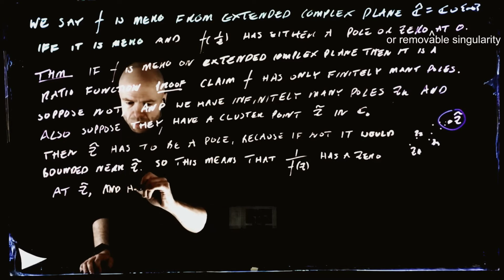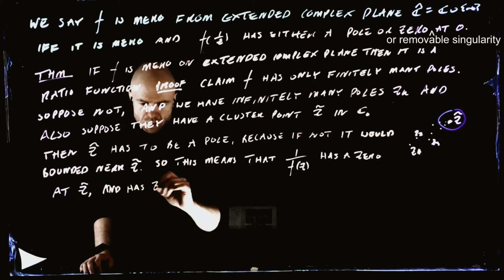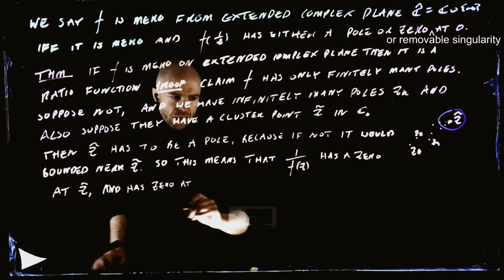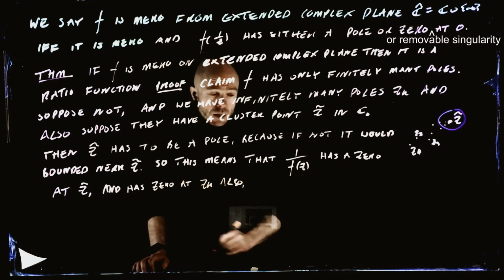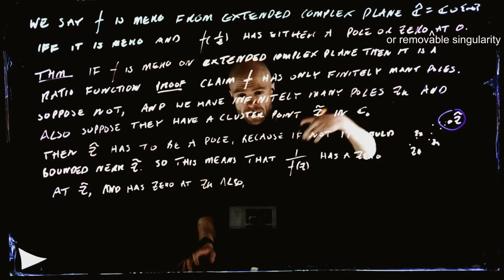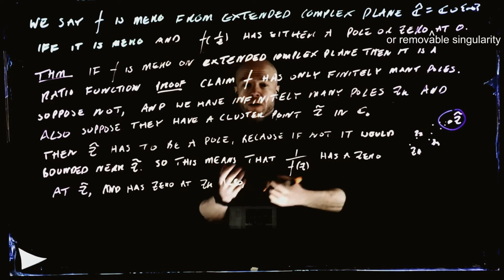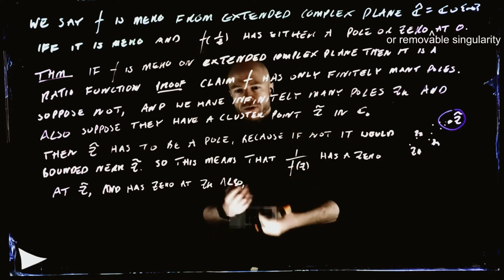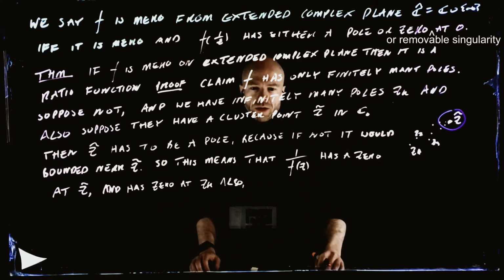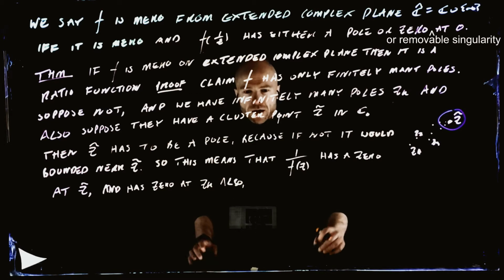And has zeros at zk also. So z tilde is a point which is a cluster point of zeros, yeah, for 1 over f of z. Yeah, which is impossible, because as we've learned, if we have a cluster point of zeros for a holomorphic function, then it has to be identically equal to 0 in a connected set. Yeah? Zeros are isolated. Is this coming back to you? Is this making sense? Yeah?